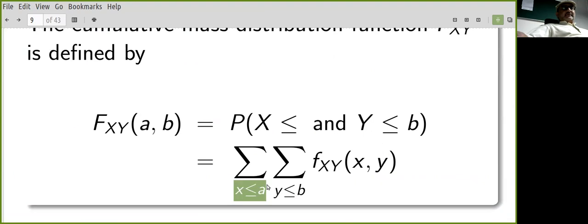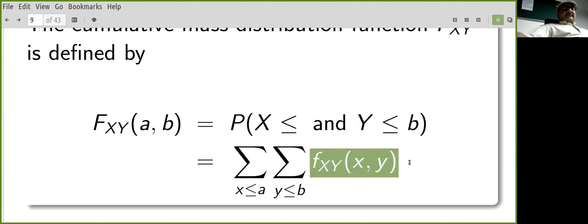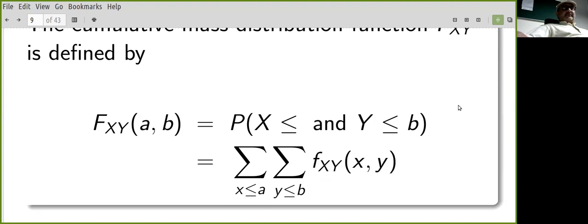That's the summation over all x less than or equal to a, and all y less than or equal to b, of the PMF f sub xy evaluated at x and y. So it's defined analogously.